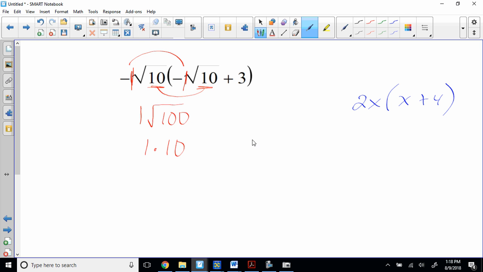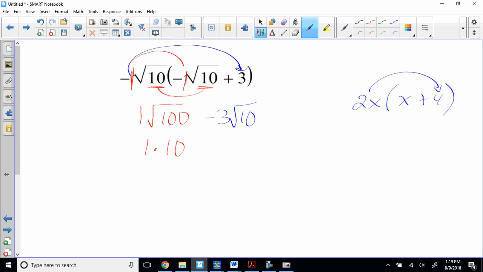If I gave you this and said you got to multiply that, that's the same thing. But it's got a radical, right? So you got to think about that. I'm only going to multiply insides to insides, outsides to outsides. So -1 times 3 is what, ladies and gentlemen? -3. What happens to the square root of 10? It just comes along for the ride.